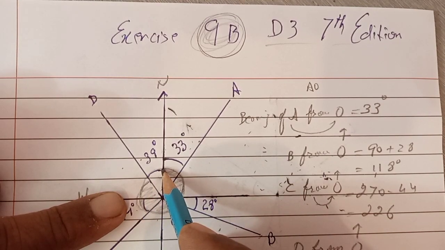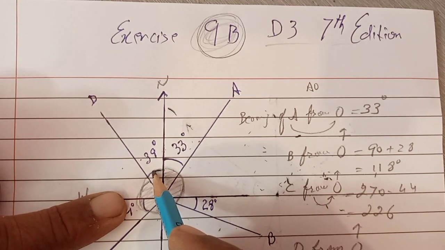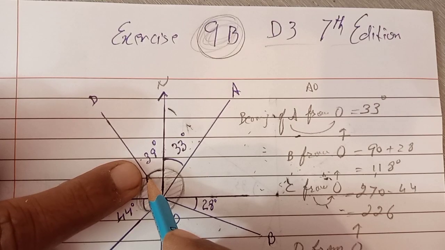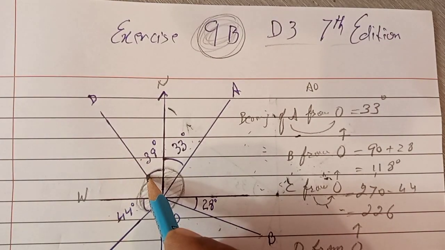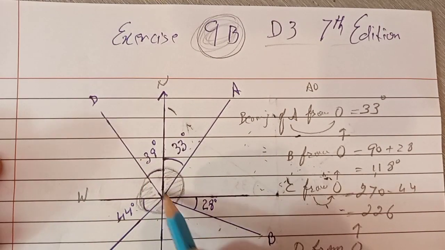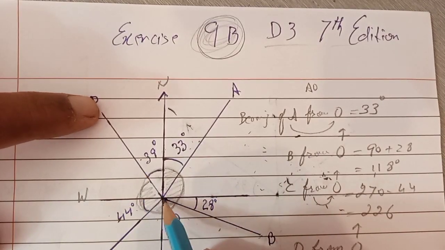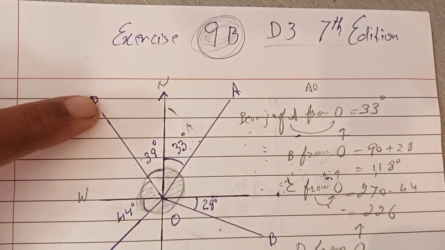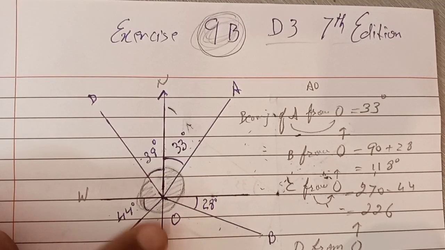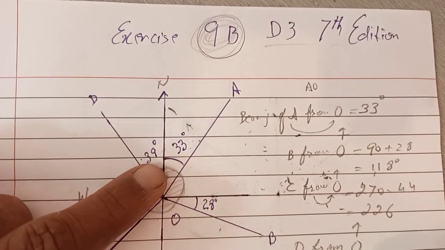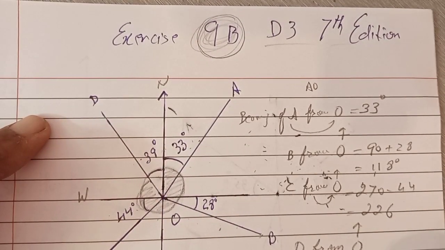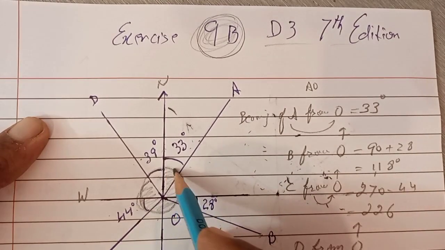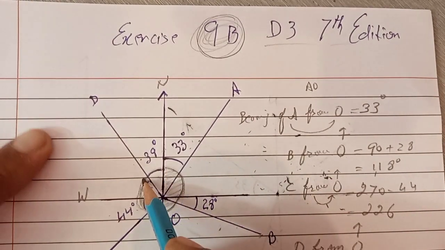You have to move back from 360, moving 39 degrees backward, and you will reach the OD line. So the bearing of D from O is 360 minus 39.